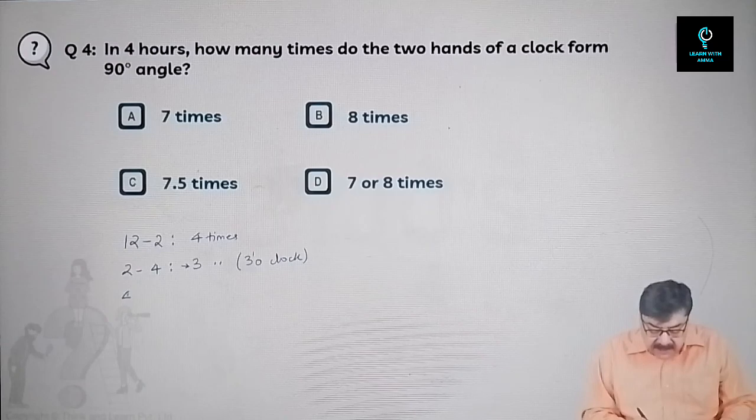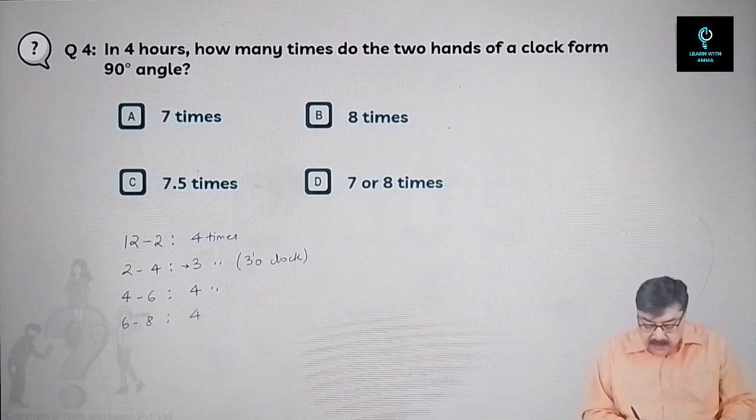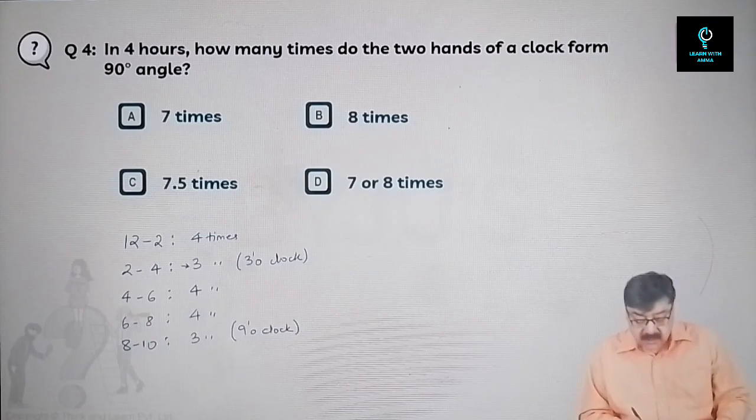Now similarly, from 4 to 6, 4 times. From 6 to 8, 4 times. From 8 to 10, again 3 times because of another integer value timing, and that is 9 o'clock. So between 8 and 10, 3 times 90 degrees angle will be formed.